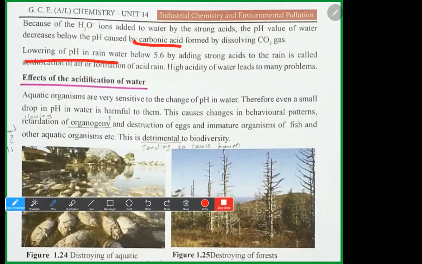Lowering the pH of rainwater below 5.6. 5.6 is due to carbon dioxide, but acid rain is below that. Adding strong acids to the rain is called acidification of air, or formation of acid rain.